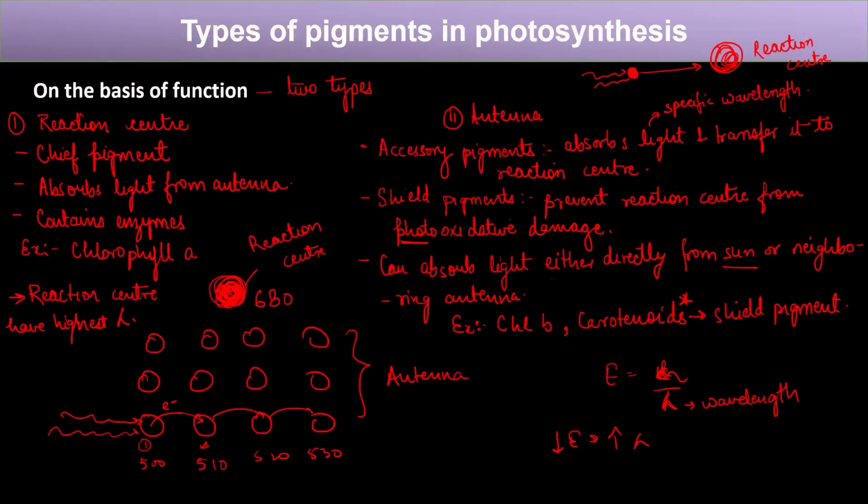Now let's talk about what a photosystem is. Whatever diagram we are seeing here, this together comprises the photosystem, but we will see in detail what the photosystem is. In simple terms, the photosystem comprises pigments and proteins. These proteins are basically enzymes, because we know that enzymes are proteinaceous in nature.